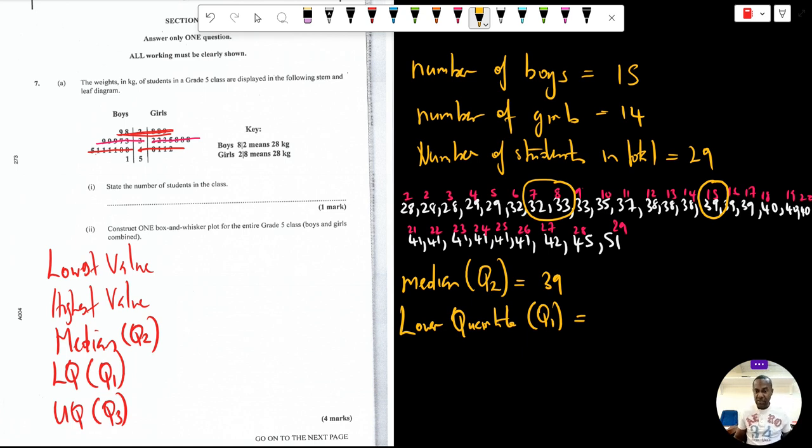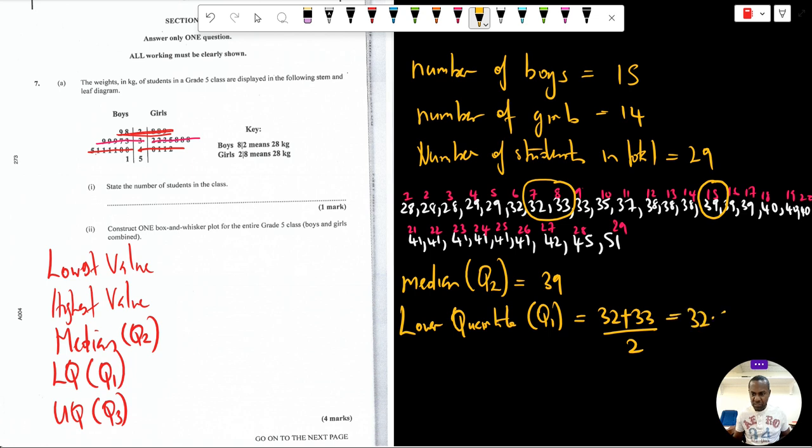So once again, because we have 14, an even number of items, if we count 1, 2, 3, 4, 5, 6 from the left, then 1, 2, 3, 4, 5, 6 from the right, then that leaves the 7th and 8th item in the middle. And so the lower quartile is going to be equal to the average of the 7th and the 8th item, which of course is 32 plus 33 divided by 2, which gives us 32.5. And so the lower quartile is actually equal to 32.5.